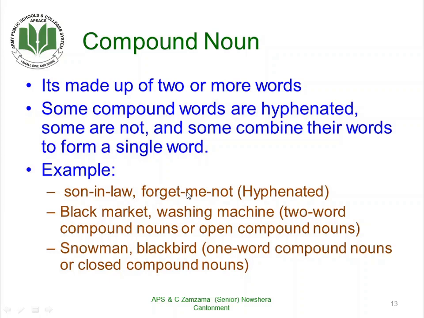Son-in-law, forget-me-not. Here they are hyphenated compound nouns. Black market, washing machine. They are two word compound nouns, or open compound nouns. And the third one, snowman, blackbird. They are one word compound nouns, or closed compound nouns.